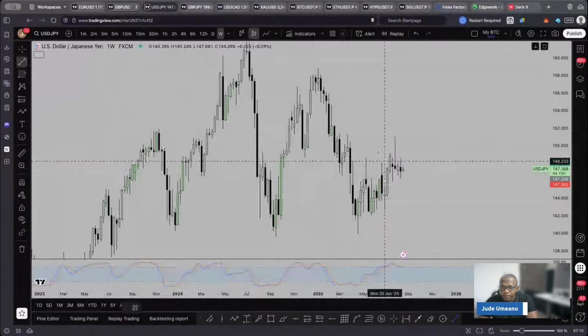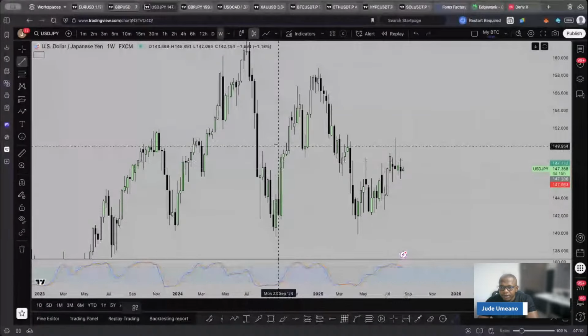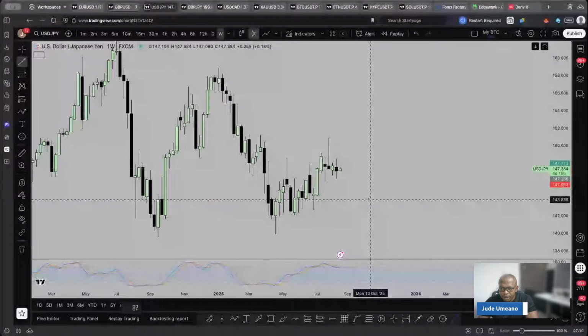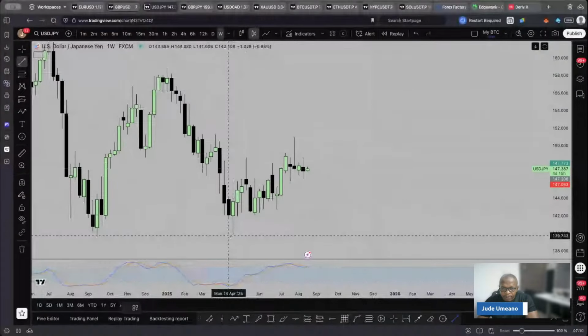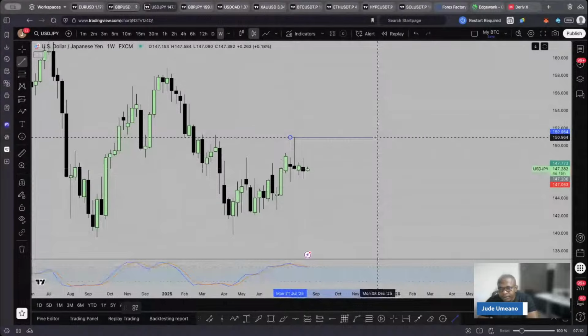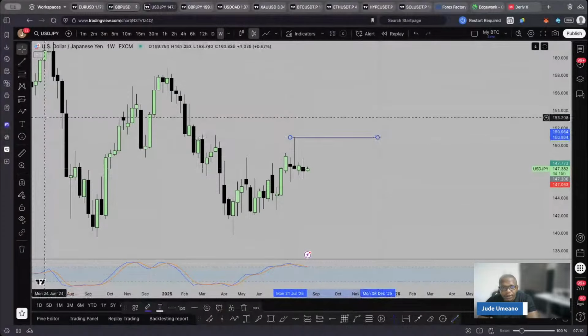This top, because if you look at this, we're basically in the middle of nowhere with regards to these other highs and lows. We're not at the bottom here, we're not at the top here. We are basically in the middle. So I'm going to take this upper boundary here and mark it.